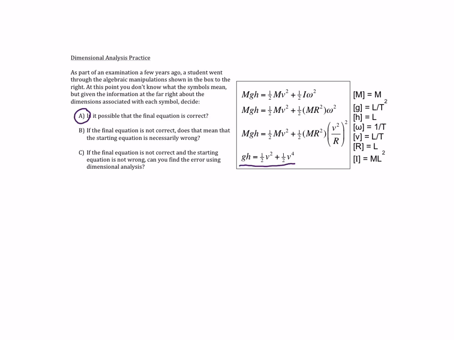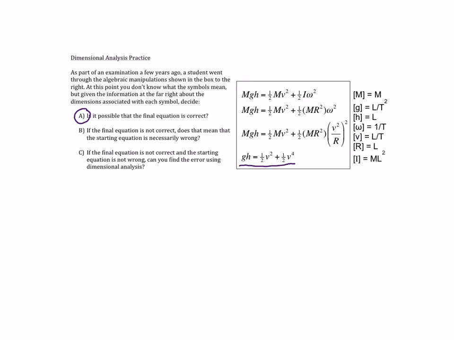All right, so in my analysis, one of the nice things about me telling you it's dimensional analysis practice is you can already sort of understand the problem, right? So what we're trying to do is figure out if the dimensions in this final equation work. And in class, I've mentioned that there's two ways to use dimensional analysis. One is to check if equations are correct, and the other is to figure out what the dimensions are of a variable when you're using an equation.